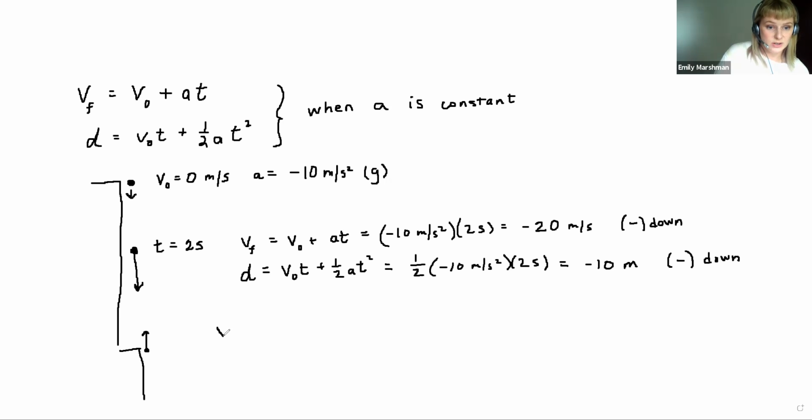In that case, you would have an initial velocity that was positive because the object is being thrown upward with an initial upward velocity. Let's just call it 1 meter per second. And you could apply the kinematics equations just like we did in the first part.